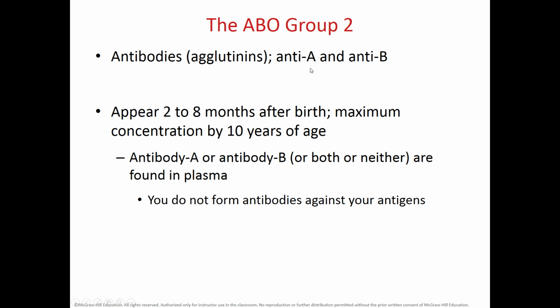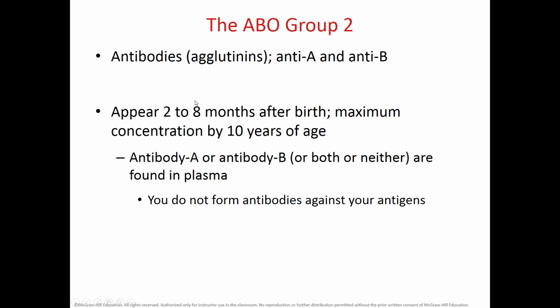If you have O blood type, you will have no antigens in the red blood cells, but you can have anti-A and anti-B antibodies.